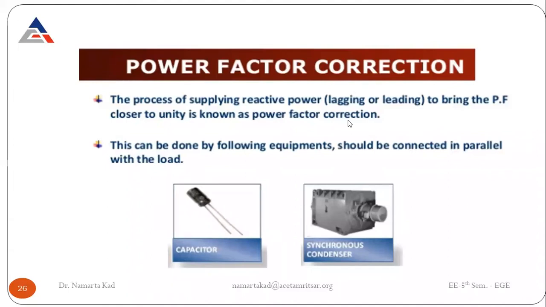That is, improving the power factor, whether by supplying leading or lagging power, or improving the power factor to the range of 0.85, 0.9 or 0.95. That is called power factor correction. This can be done by equipment in parallel with the load, like capacitors or synchronous condensers. Generally, synchronous condensers are installed in each industry and in generating stations for power factor improvement.